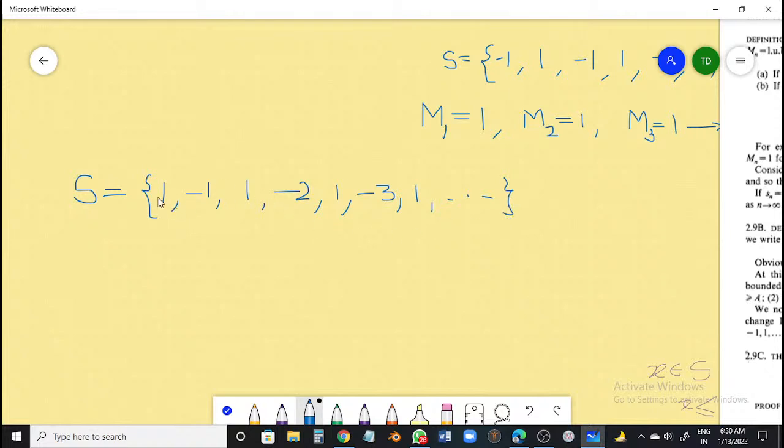What do we observe? This is our first term, second term, third term, fourth term, fifth term, sixth term, and so on. How would you define this sequence Sn? Yes, we should be able to define the sequence. First term is 1, third term is 1, fifth term is 1, seventh term is 1. Means the value becomes 1 if n is odd.